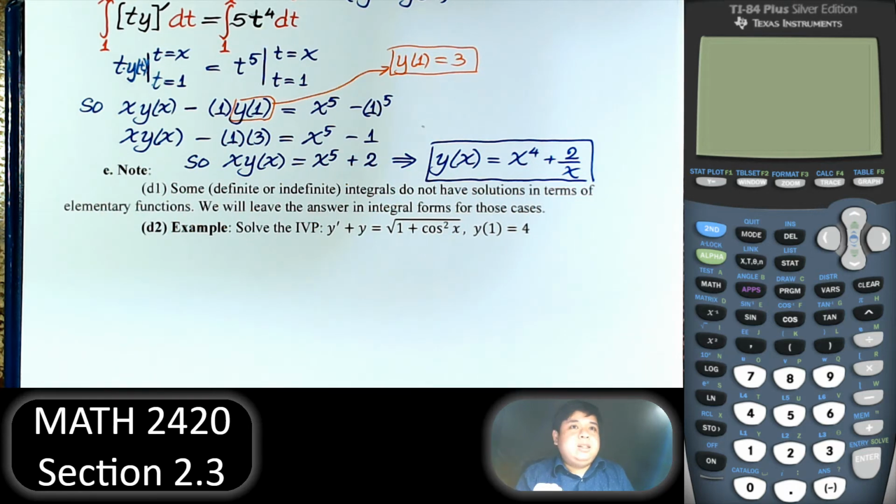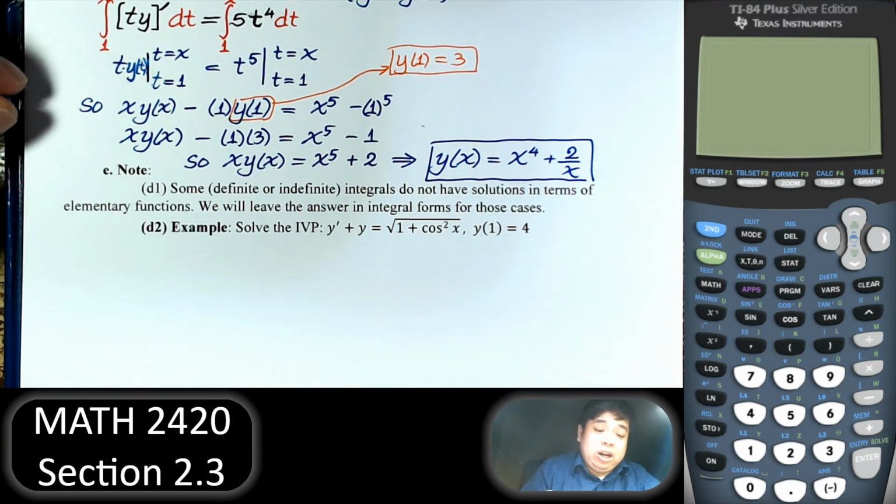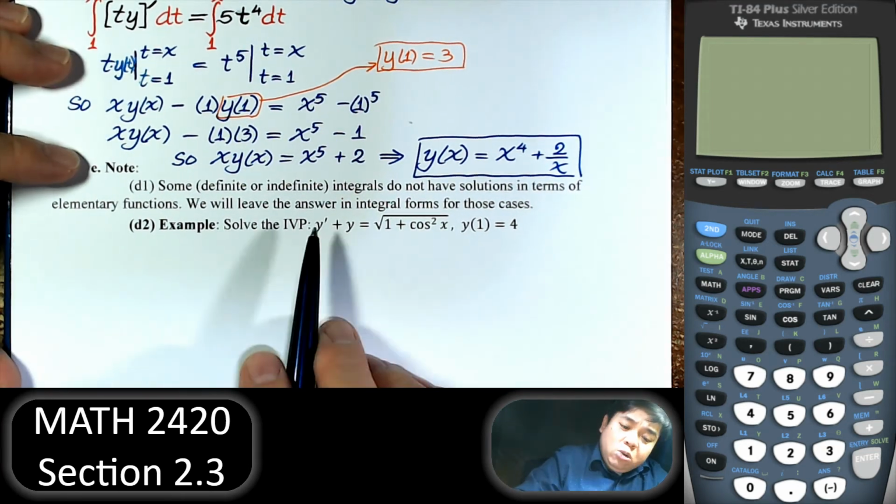That's pretty much it, all the functions that we know. If the answer cannot be given in any of those functions, then we just don't integrate at all. Right, so let's look at this problem.